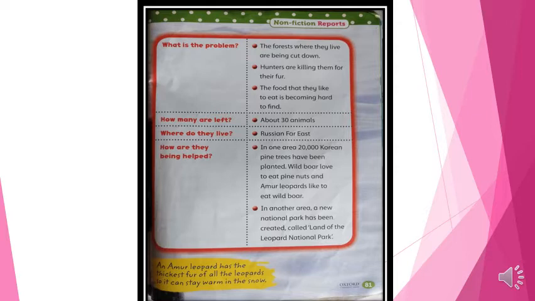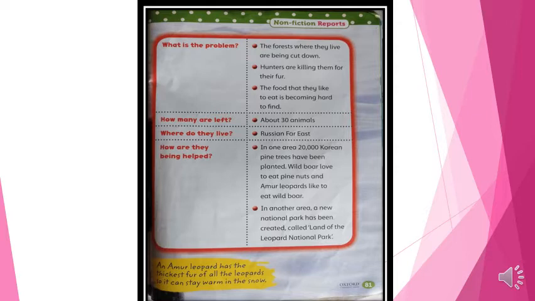Wild boar love to eat pine nuts and armor leopards like to eat wild boar. So if the wild boar survive, armor leopards will automatically survive because they eat wild boar as their food.